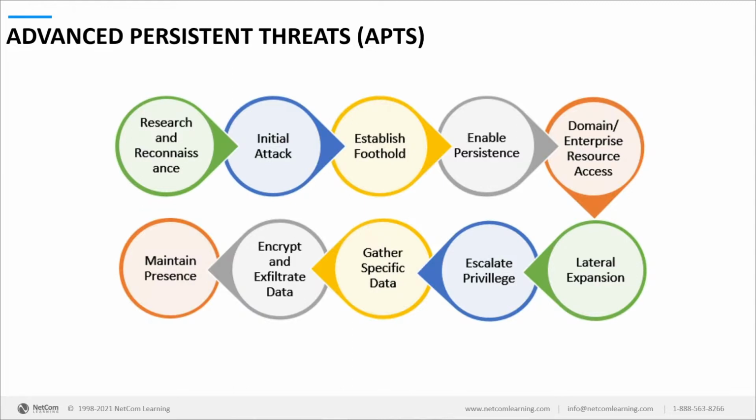Sometimes it is going on a lateral level. We're moving through systems on the same privilege level, but we're gathering more information as we do that. That allows us to do that kind of escalation of privileges and gather specific data, which is going to be exfiltrated.